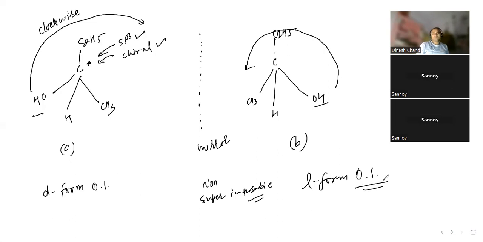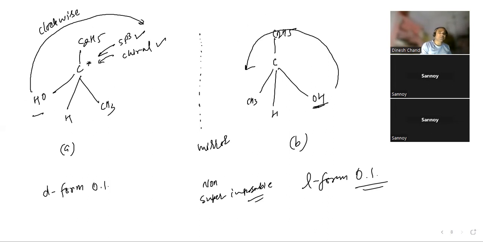Sir, how do you decide which one will rotate left and which one will rotate right? That we will have to study in the CIP rule. This much is not there. The functional group will decide. Which direction is the functional group? Right side, so it will go left.